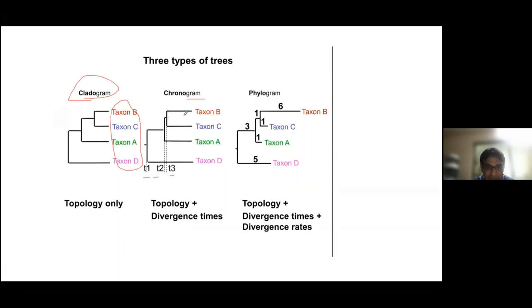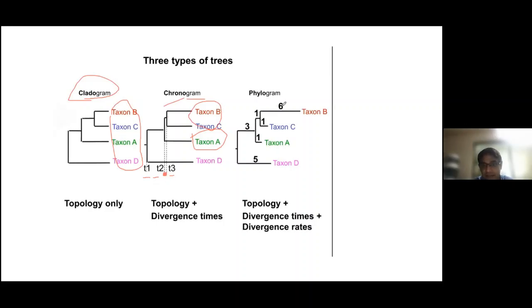The divergence between these groups is at T2; this is the position when they diverge from each other. So the simple cladogram, with the divergence time added, becomes a chronogram: topology plus divergence time. And you can also show the divergence rate.